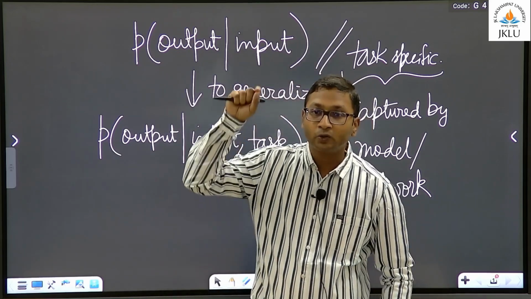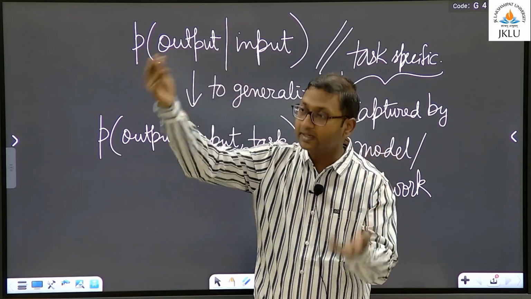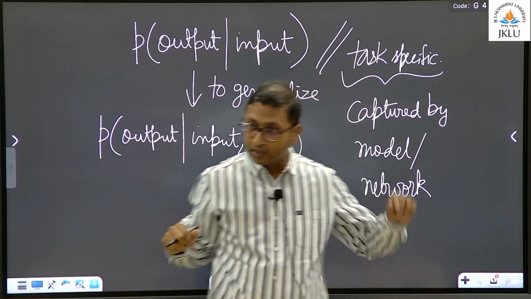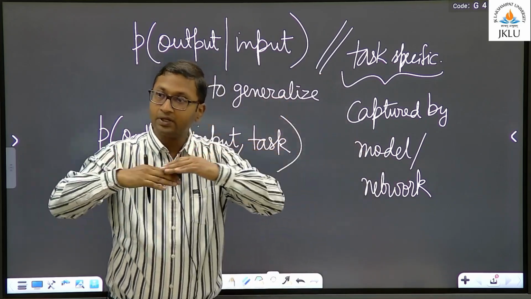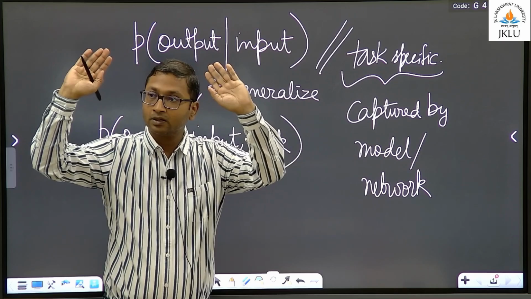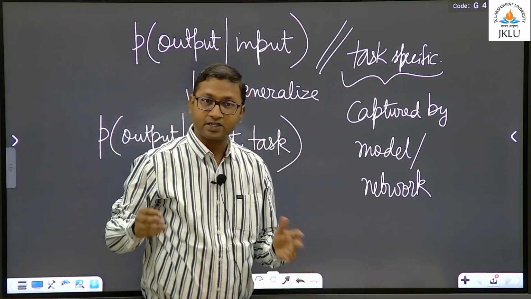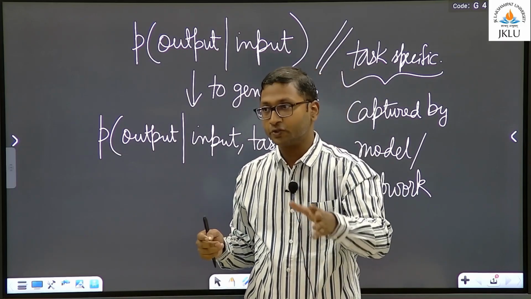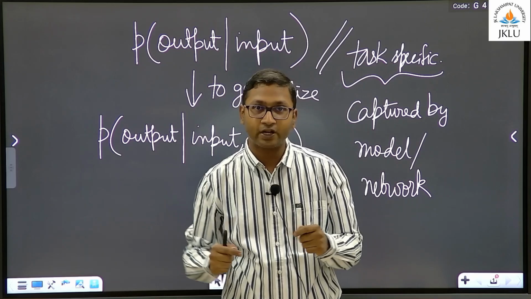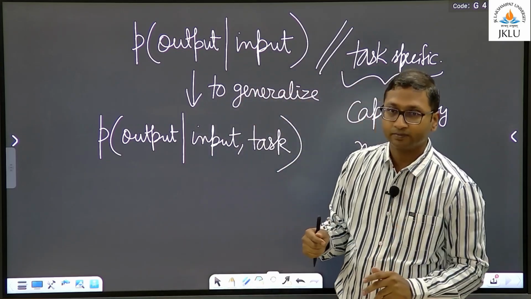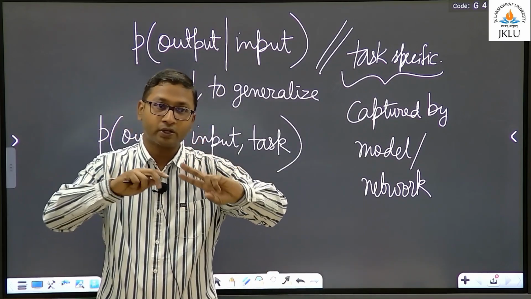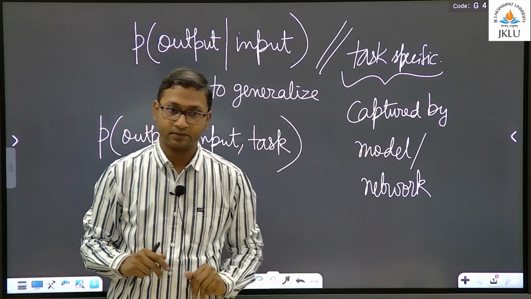I should be able to do well on unseen data, right, unseen examples. Here we are going a level up now. We are saying we should be able to generalize on the task, not just example. Examples of course we should, but we should be able to generalize well on task as well. I train for one task, but I am able to solve the problems belonging to other tasks.